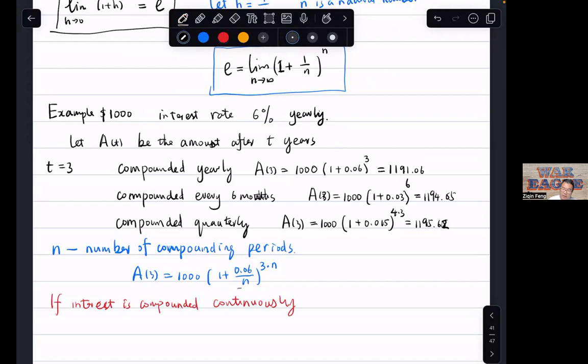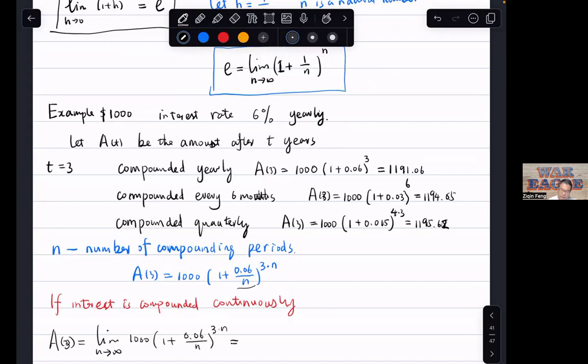That means n here is getting larger and larger, going to infinity, right? Then A3 should equal, as n goes to infinity, 1000 times 1 plus 0.06 divided by n, to the power 3 times n, right? So that's basically what we have, n goes to infinity. So what's this limit, right?